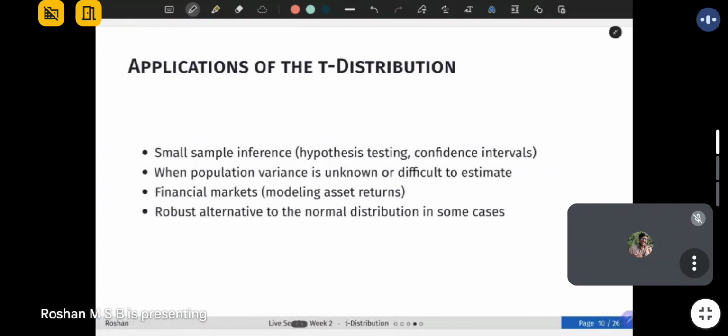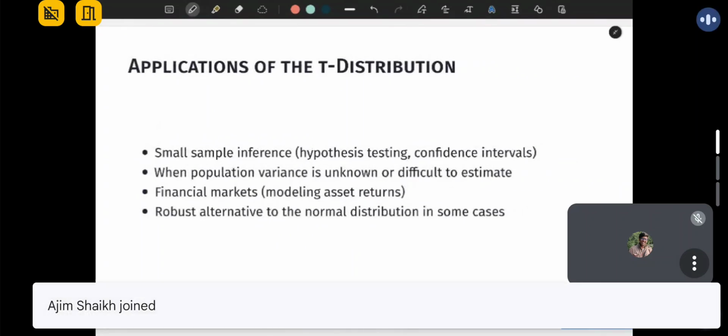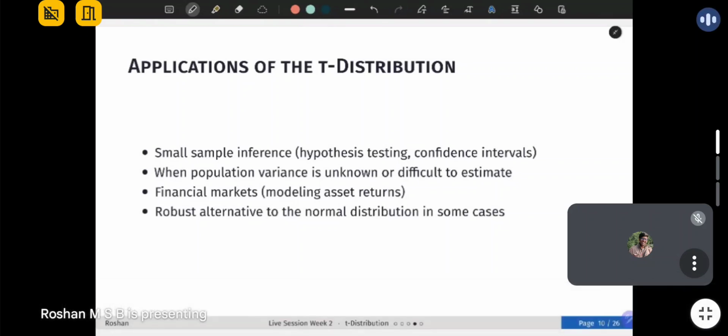And applications for the t distribution: it is used when you have a very small sample size. That is what I told, right? Less than 30, and population variance is unknown or difficult to estimate. These are two specific cases where you have to use the t distribution.